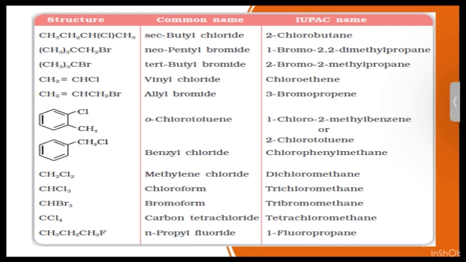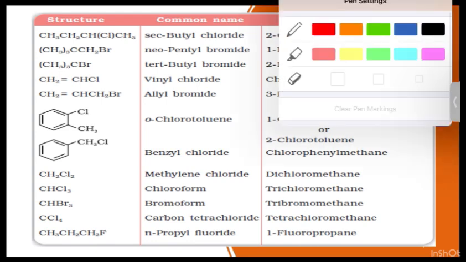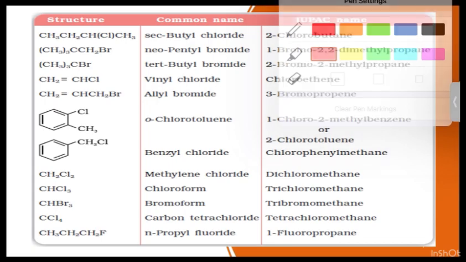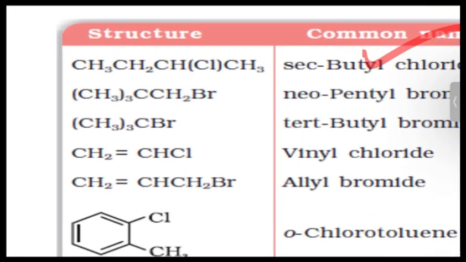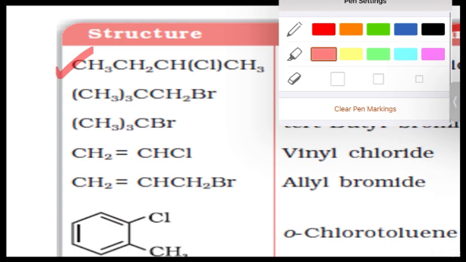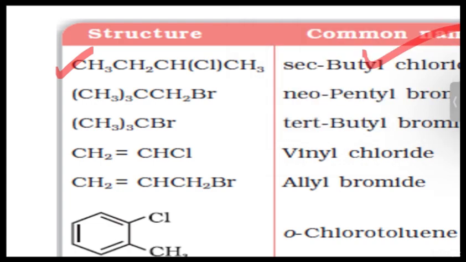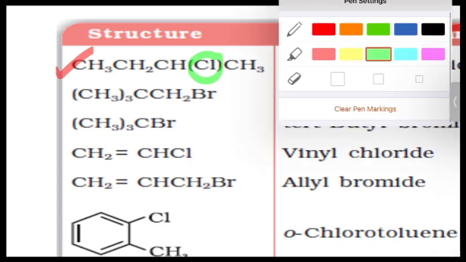Then you will come across a table in your NCERT. In this, very good examples are given along with their common names and IUPAC names. So do write them one by one in your register. Like the first one. The first one is CH3, CH2, and then the CH is having the Cl attached to it. That's why it is written in a bracket here.